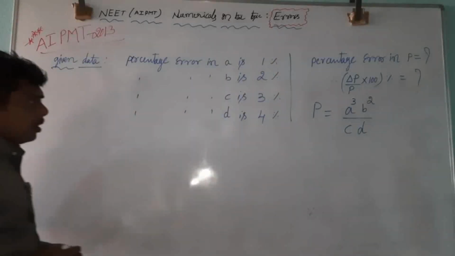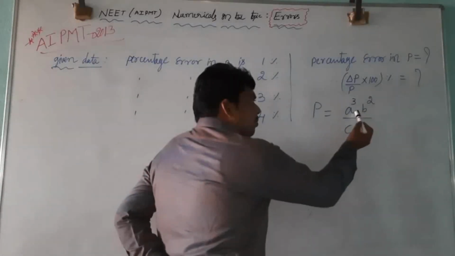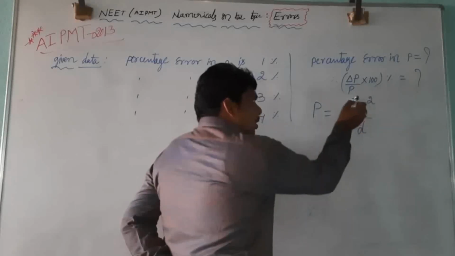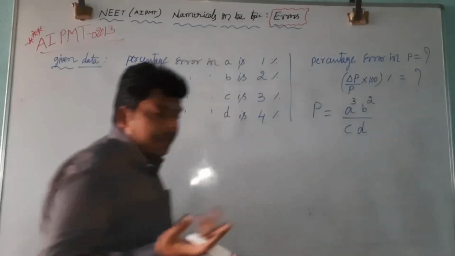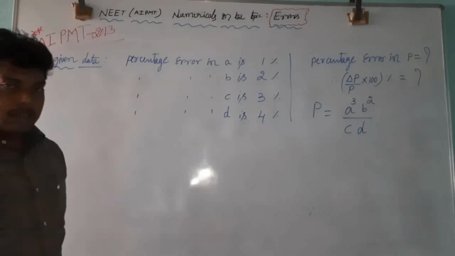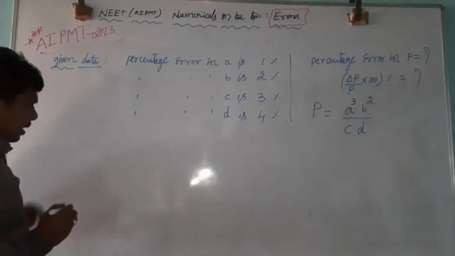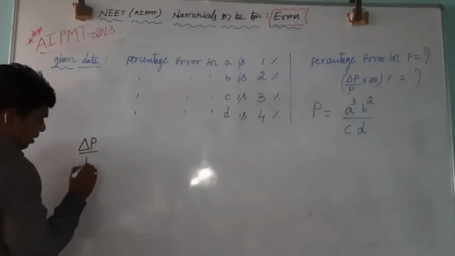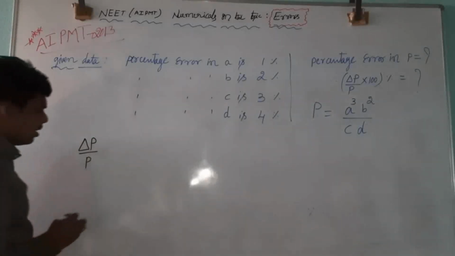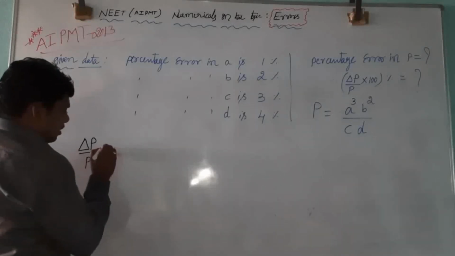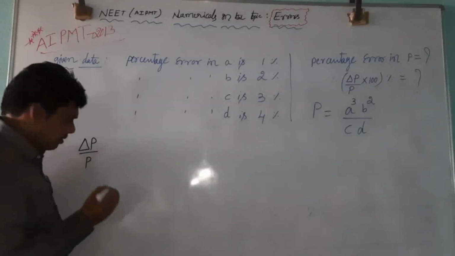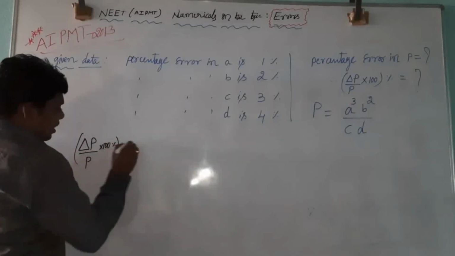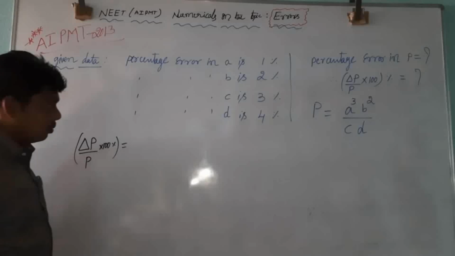Here error due to multiplication, error due to ratio, error due to power. Here error due to multiplication or error due to division, we will use the same formula. I will write that one. What you have to calculate here? Delta P by P into 100 percentage, is equals to what?